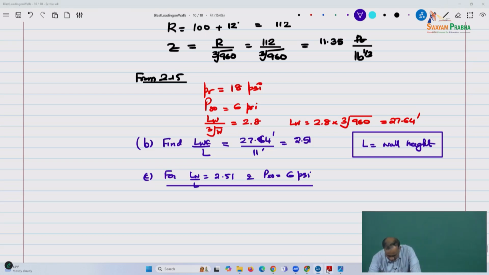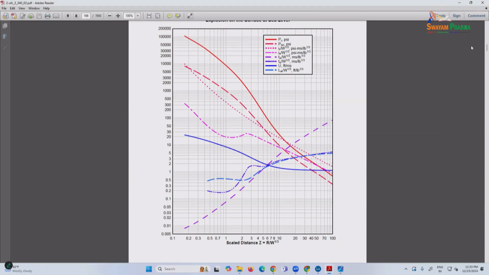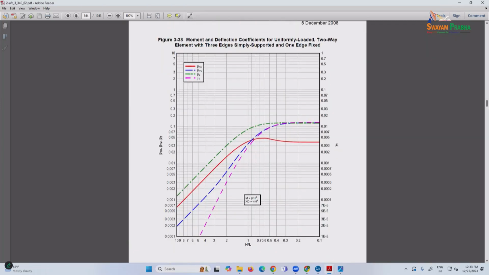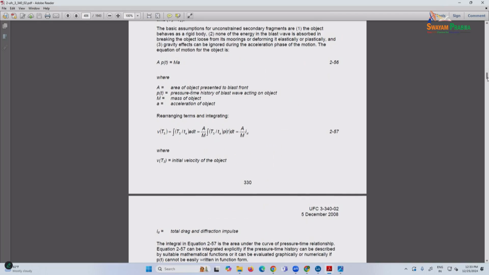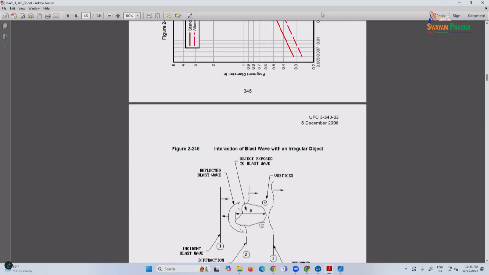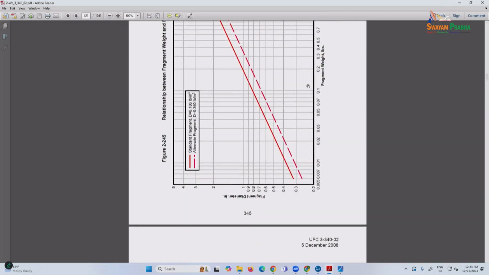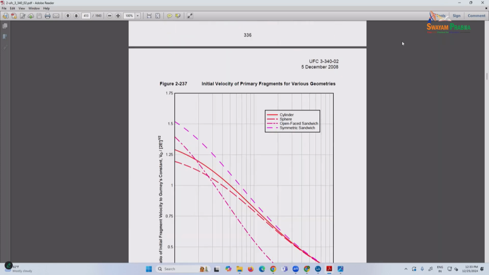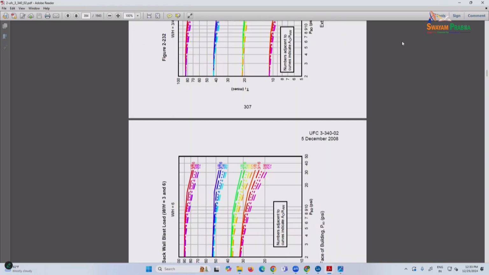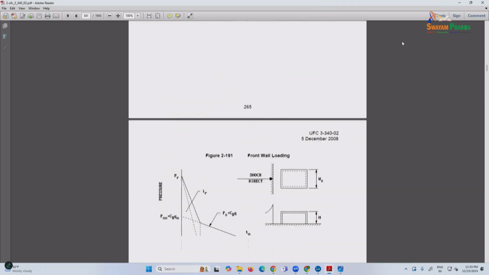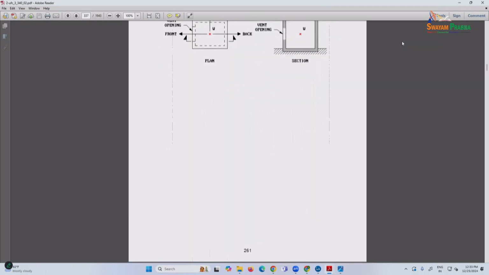Then going back to 2.196. I don't know if you have that with you. Let's see. Okay, we are close.